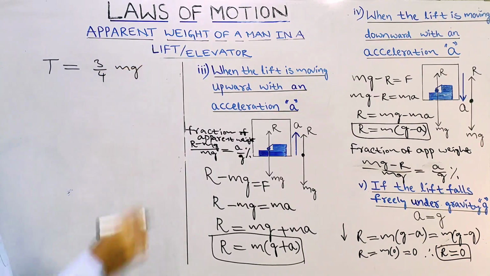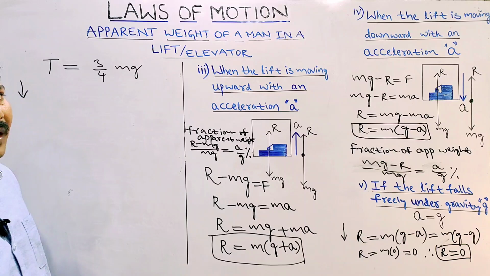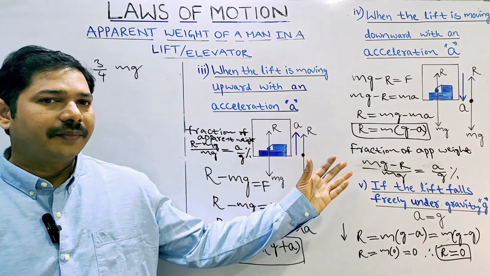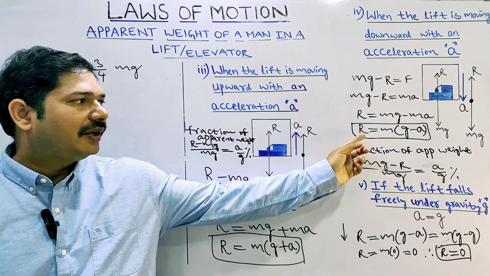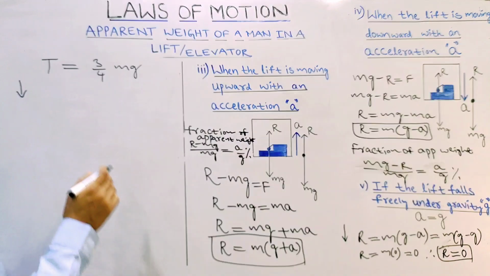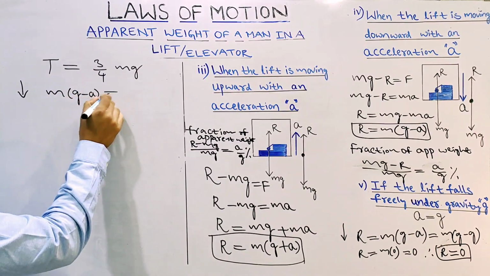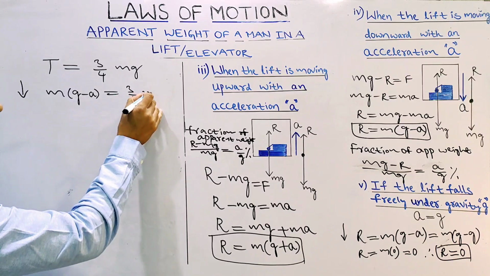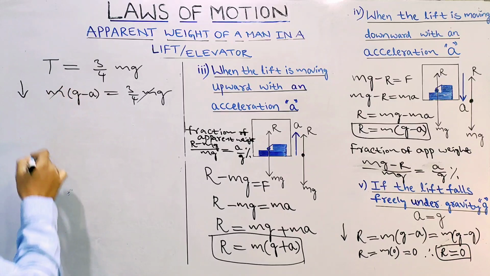When moving downward, the tension in the string case we can take as m into (g minus a) equal to 3 by 4th of mg. Here m gets cancelled.